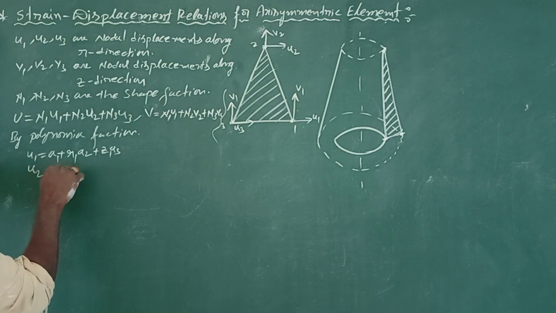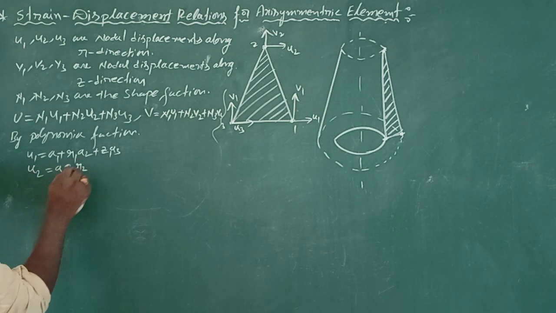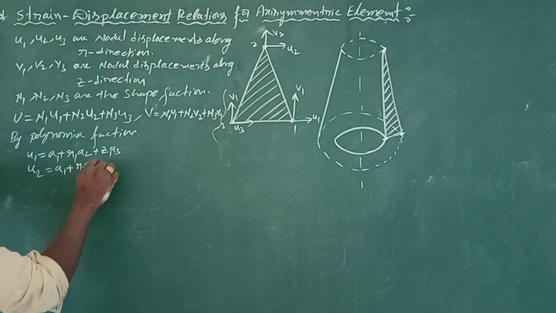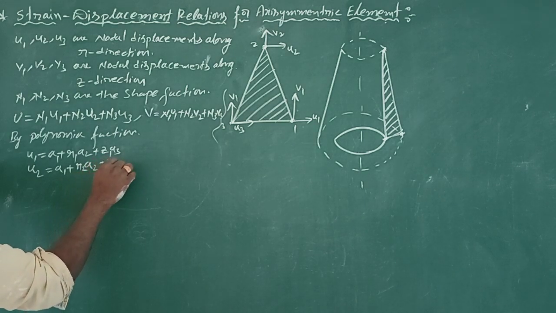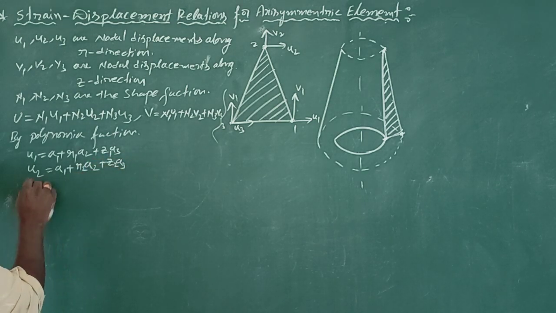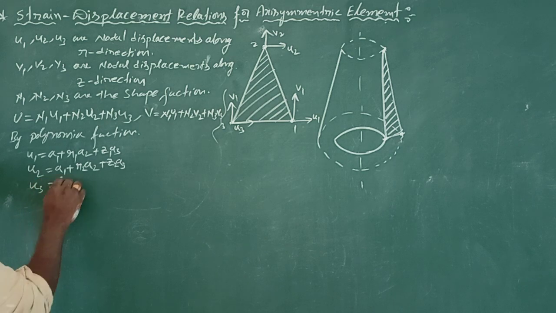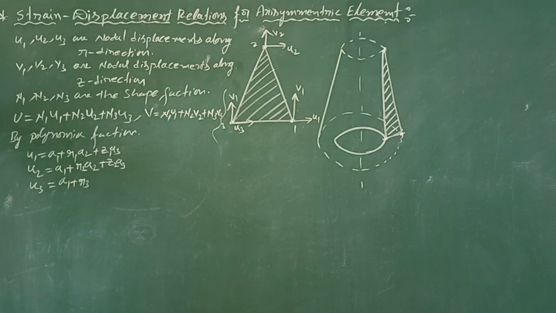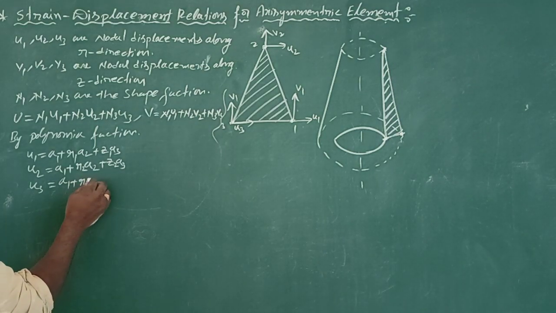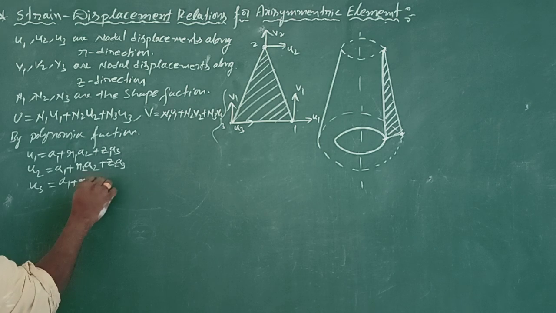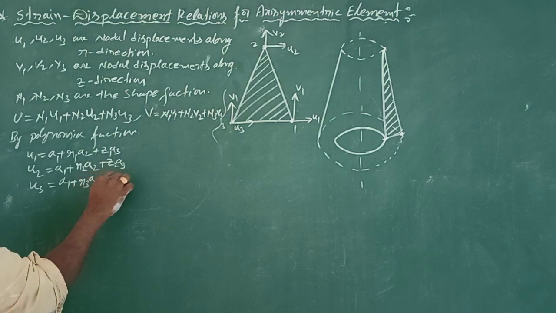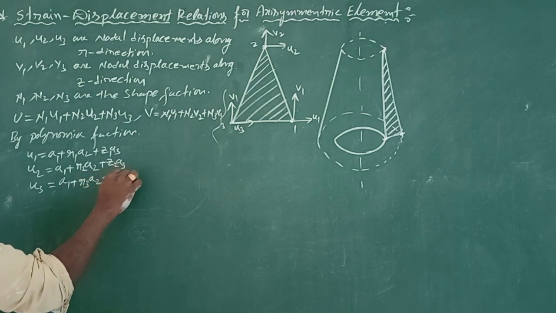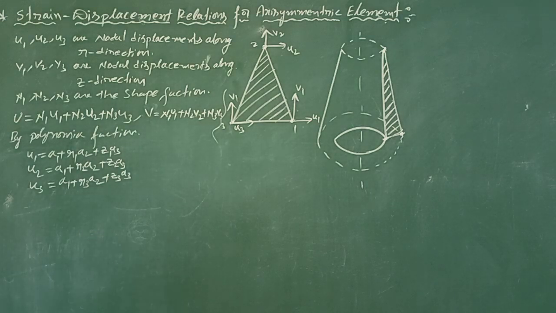U2 is also A1 plus R2 A2 plus Z2 A3, and U3 is equal to A1 plus R3 A2 plus Z3 A3. So these are the polynomial functions.